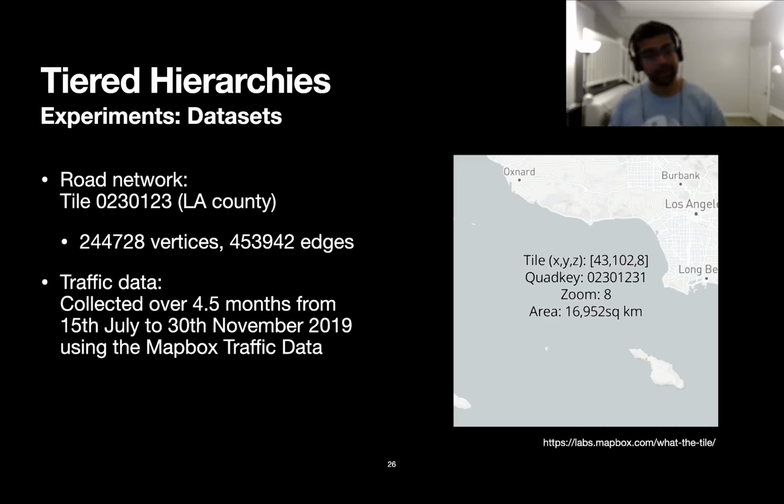We tested our method using real-world edge level traffic data extracted from Mapbox traffic dataset between July and November 2019. Our graph has approximately 250,000 vertices and approximately 500,000 edges.